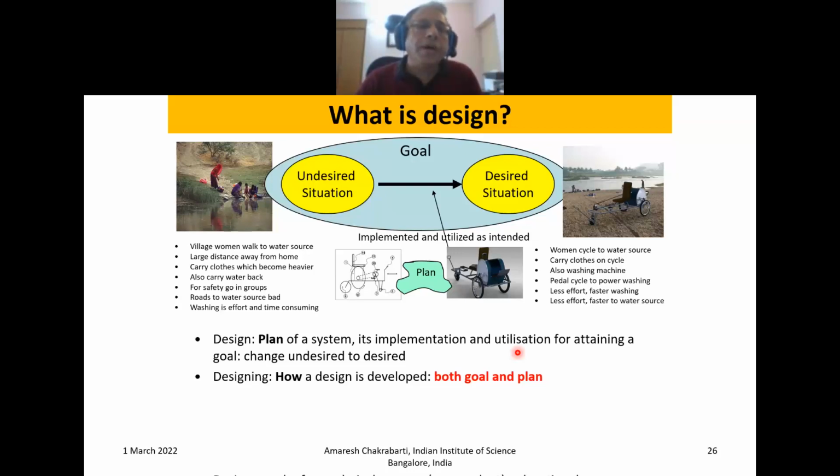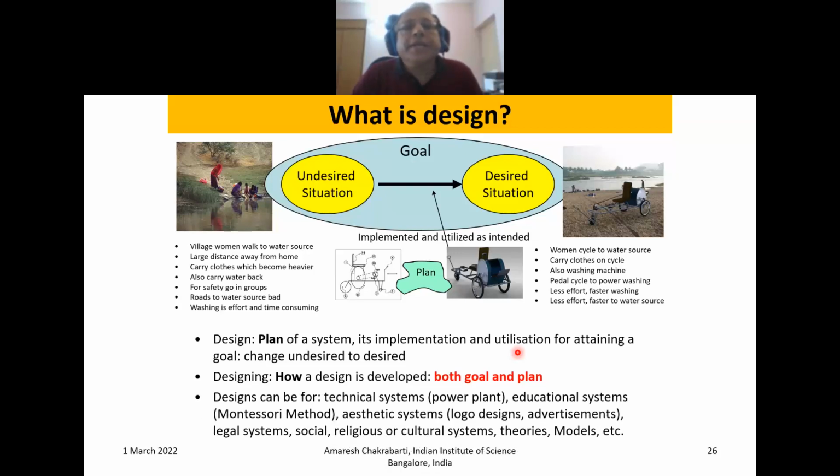So depending on who you are, if you are a designer of a technical system, which most of us are as engineers, then we'll be designing technical systems. If you are an educator, you might be designing an educational system, like Maria Montessori. If you are an aesthetic designer, you might be designing logos. If you are a law designer, you will be designing legal systems, and similarly theories and models, including the models of sciences.